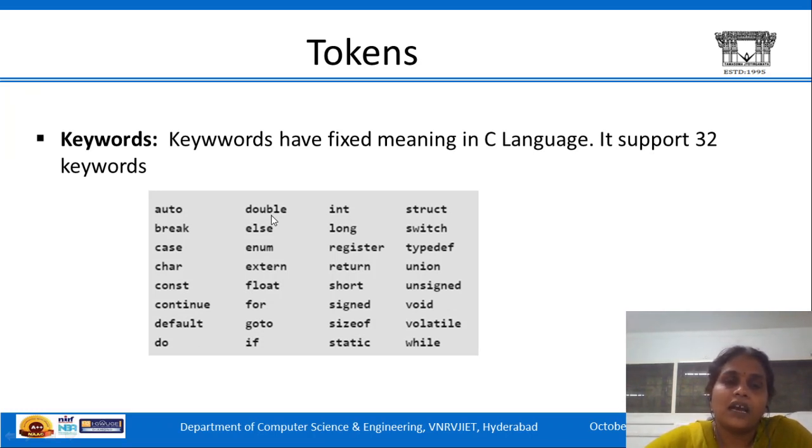To perform any task, first we declare variables, and then auto, double, int, struct, and struct is used to declare structures. Break, some conditional statements, else, switch are conditional statements, and all these have specific meanings, which we will discuss in later sessions.